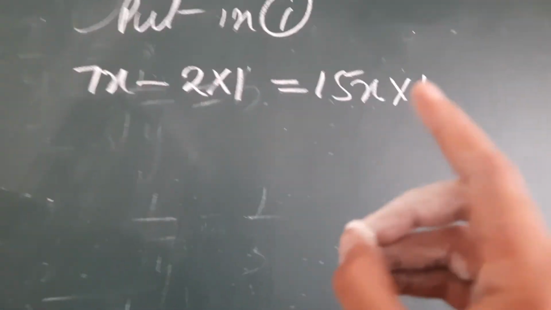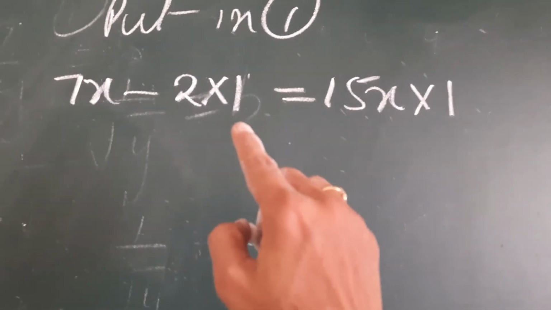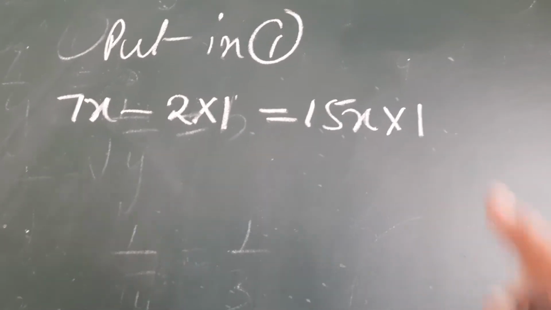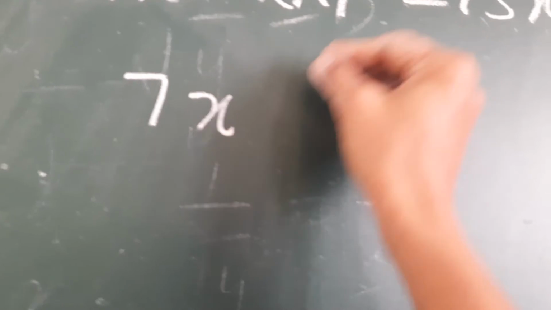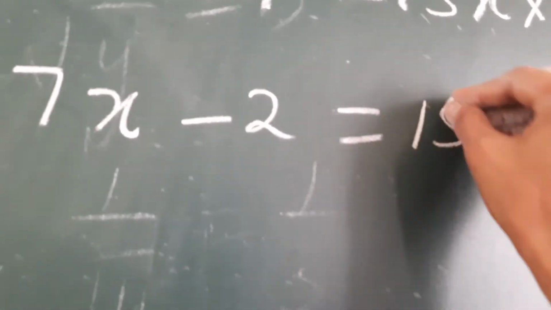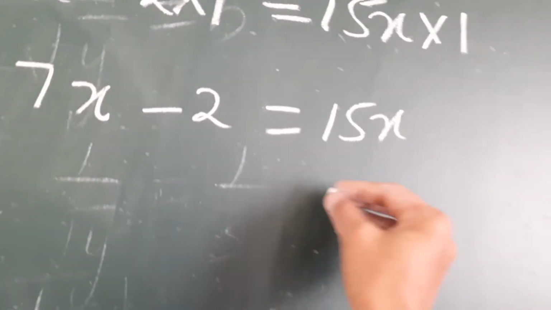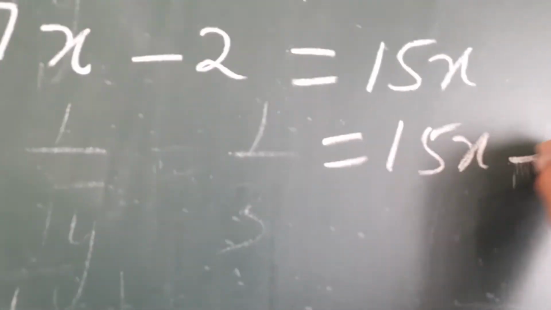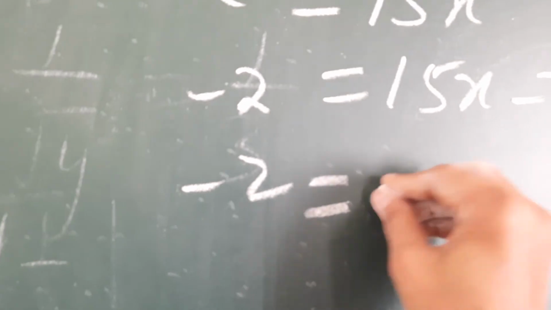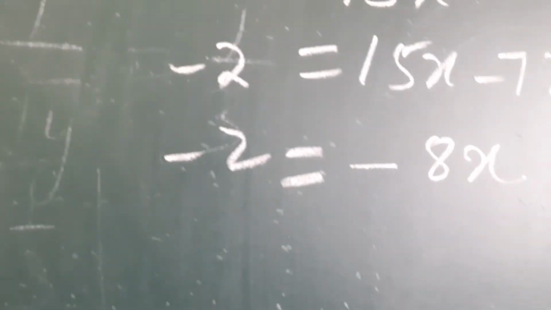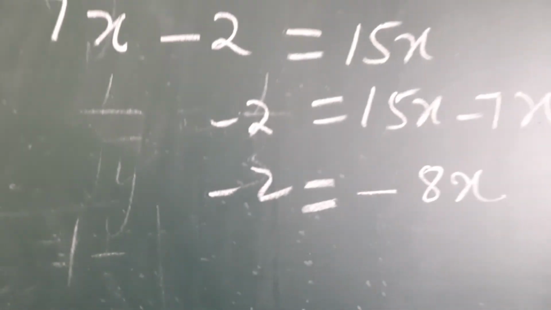Usually students put the value at this point but forget to put it here, so they get stuck at this point. So you will get minus 2 is equal to 15x. So combine the like terms, 15x minus 7x is equal to minus 2, and from here you will get 8x, and from here you will get the value of x.